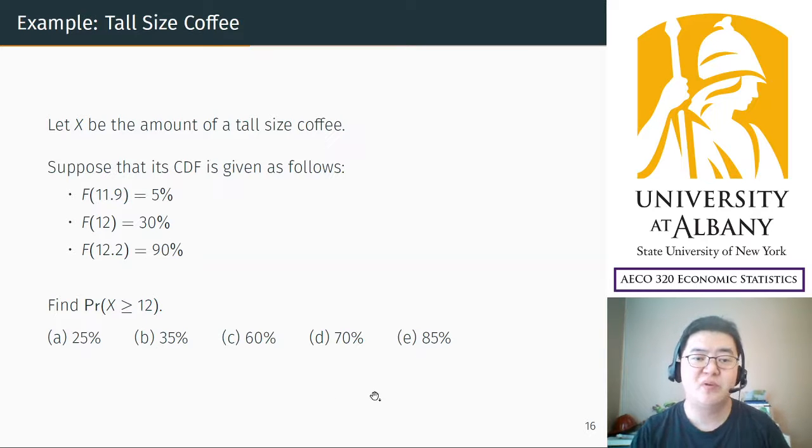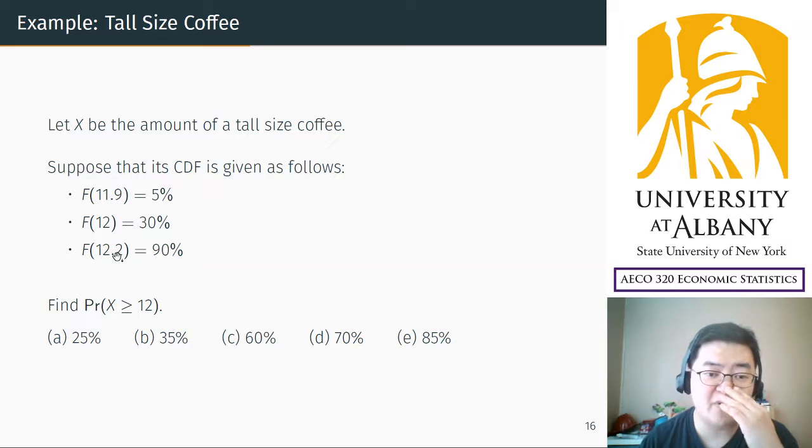Suppose that the CDF is known at 3 points. F(11.9) is 5%, F(12) is 30%, F(12.2) is 90%.